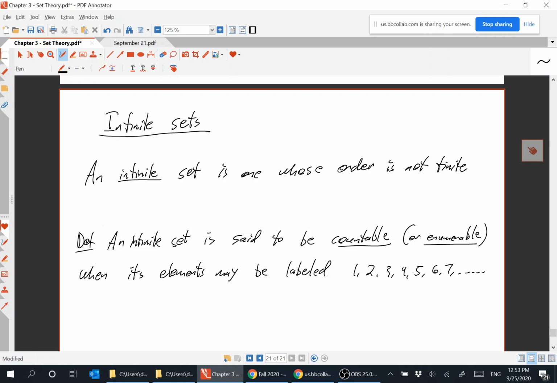So when you can put them in one-to-one correspondence with the positive integers.